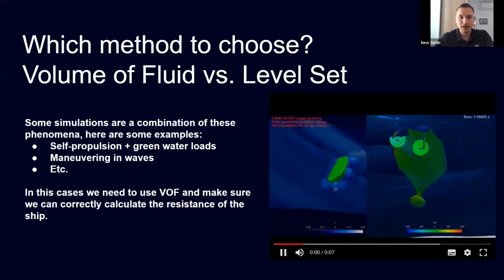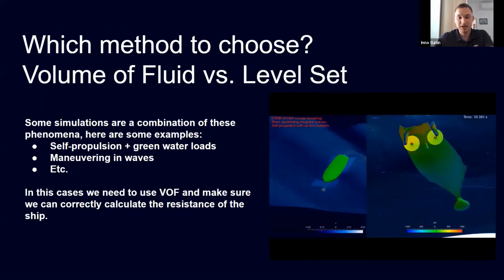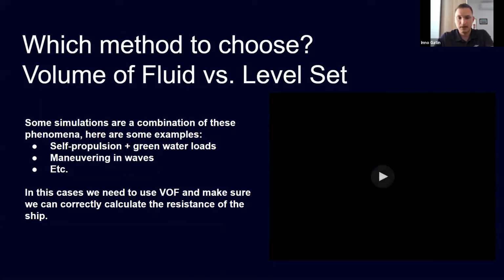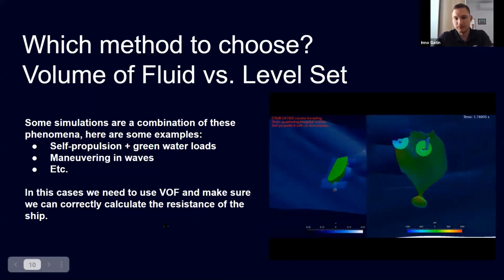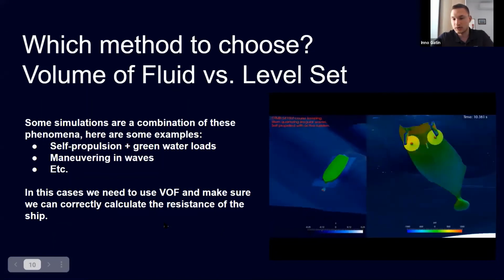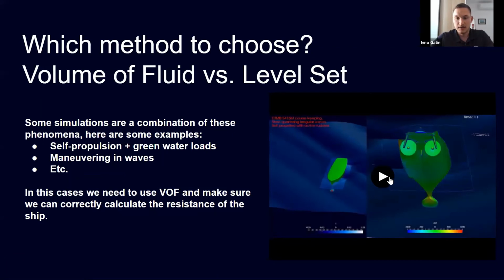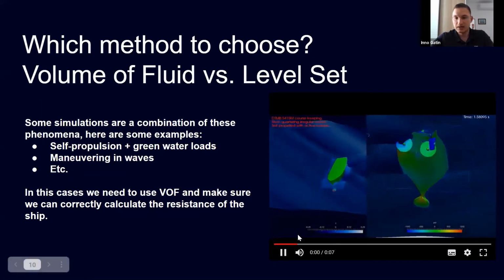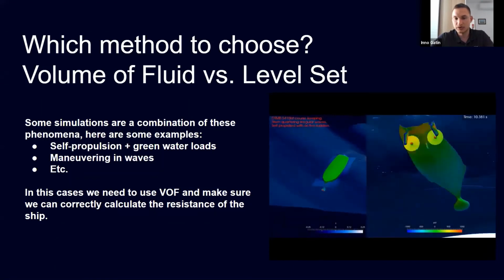But there are some cases in which we would like the best of the two worlds. In other words, we need to run a combination of, say, self-propulsion and green water simulation, like the one you can see on the screen. This is a free-running simulation of a naval vessel in stern quartering waves.